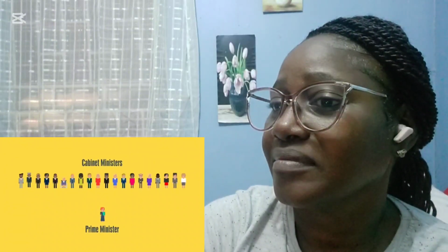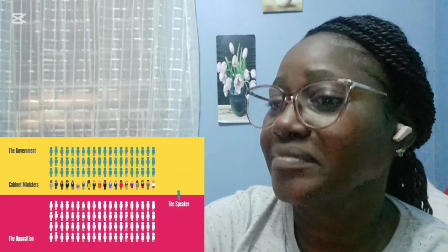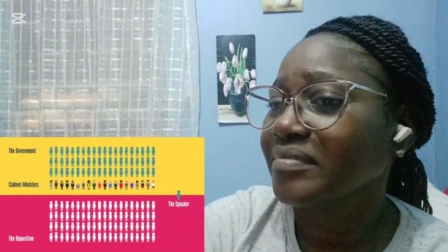The leader of the party that has the most MPs elected after a general election becomes the Prime Minister and heads up the government. They choose a cabinet made up of 20 senior ministers, who coordinate each government department's work. Parties not in power are called the opposition. MPs from the opposition and government question the government on policy and proposed laws.